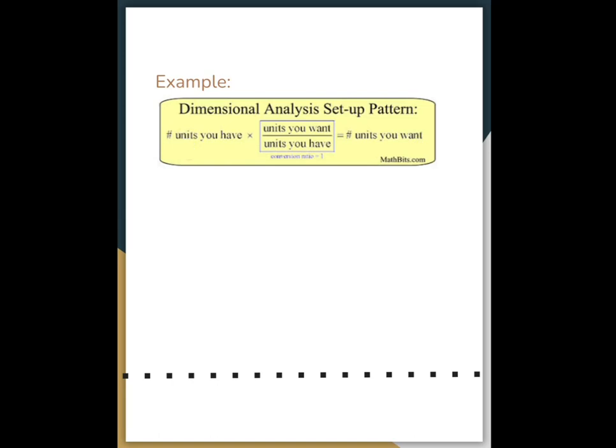So you know some number, you multiply it times a rate that usually includes the units you want over the units you have. And because you're able to cancel, the units you have in the numerator times the units you have in the denominator get you to the units you want. That's dimensional analysis, also known as the unit cancellation method. So that's the pattern.